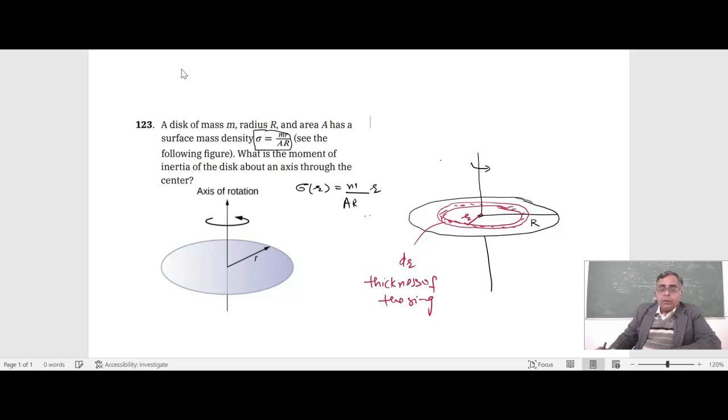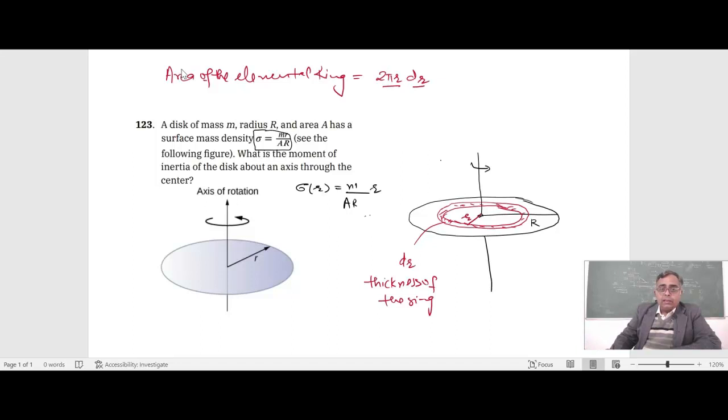Can you tell me what will be the area of this elemental ring? The area of the elemental ring is 2 pi r into dr. The length of the ring is 2 pi r, and the breadth of the ring is dr, so the area is length into breadth.